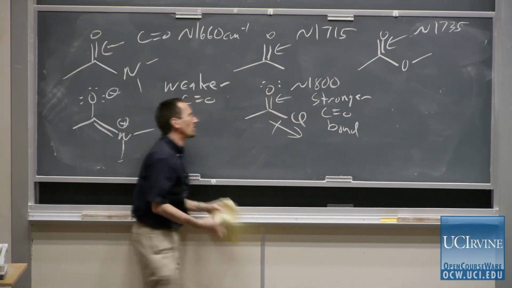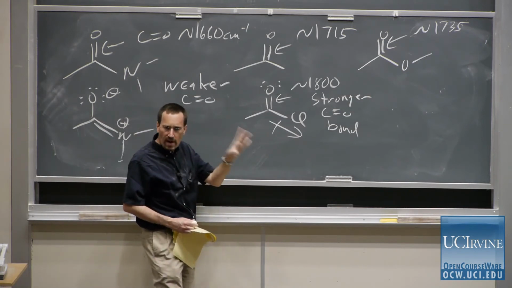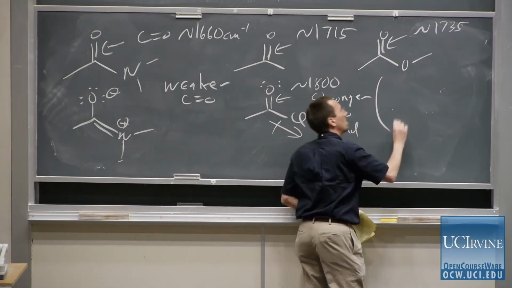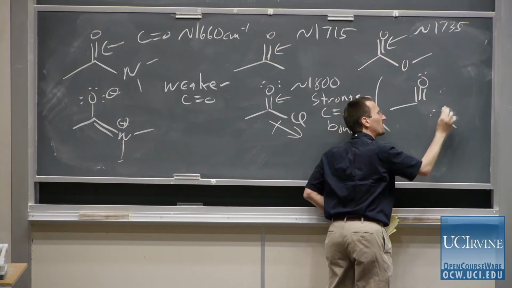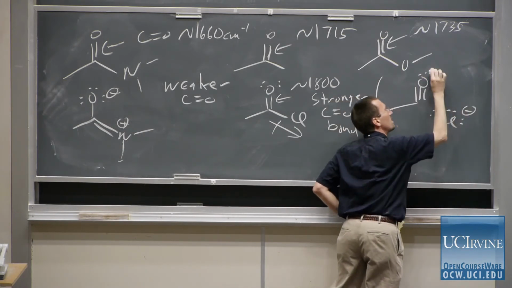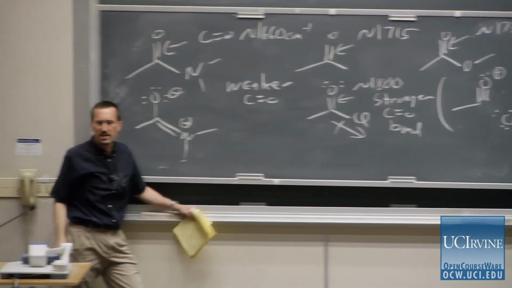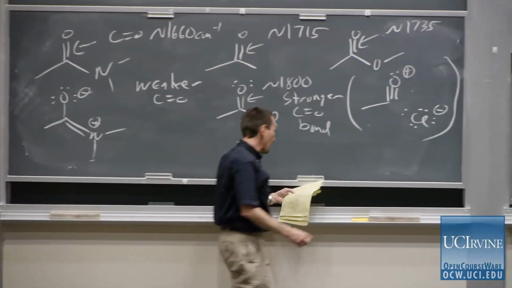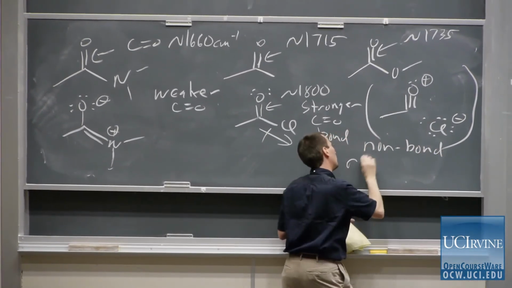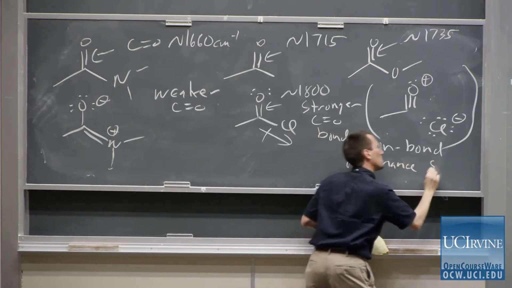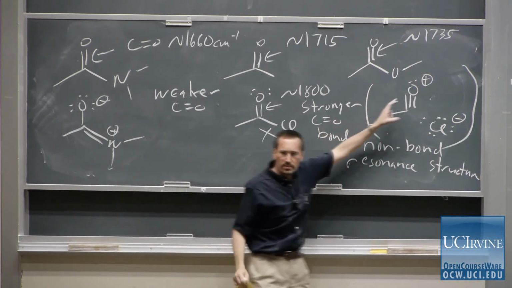You have lone pairs of electrons pushing back in. In the back of my mind, I probably wouldn't write this resonance structure elsewhere, but I keep in mind that if you take that type of thinking to its logical extreme and say, all right, there is a component of the chlorine pulling electron density away inductively, you can think about this non-bond resonance structure here. In this non-bond resonance structure, you have some triple bond character.